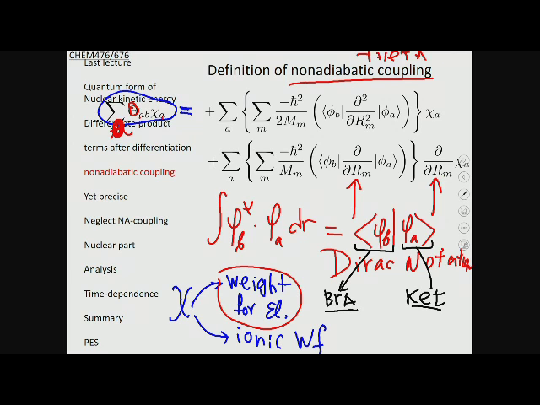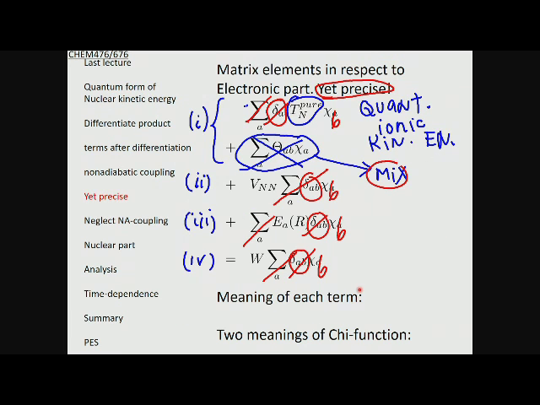If we drop this non-adiabatic term, the rest of the terms have electronic wave functions in the form of a convolution, bra times ket, or wave function with star times wave function without star, and it will be equal, according to Dirac, to the Kronecker symbol. It will be either 0 or 1. So it gives us a chance to remove electronic wave functions from the consideration.